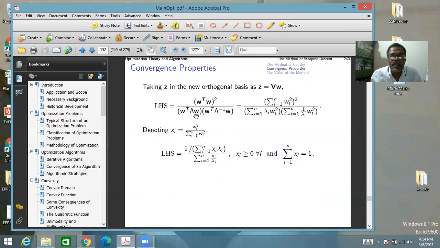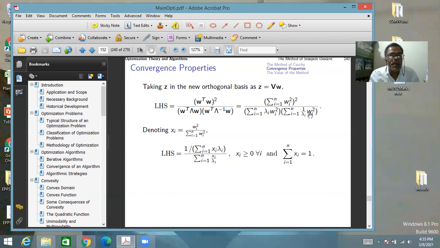And as you conduct this product, you get sigma lambda i Wi square. This product will give you sigma 1 by lambda i Wi square. Now this sum of Wi square, two of them are here. With one you divide here, and with the other you divide here. Okay. Then here also in place of Wi square, you will get Wi square by the sum of all of those. Here also you would get that.